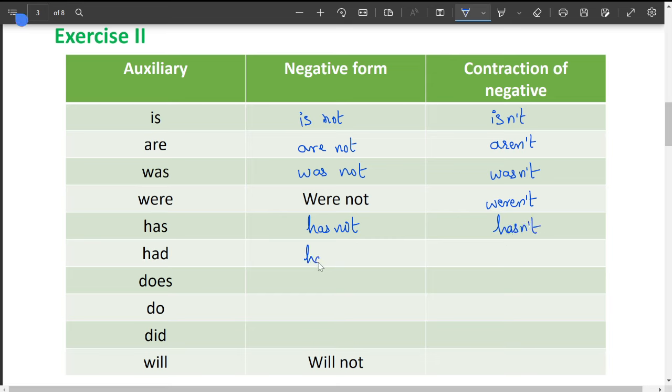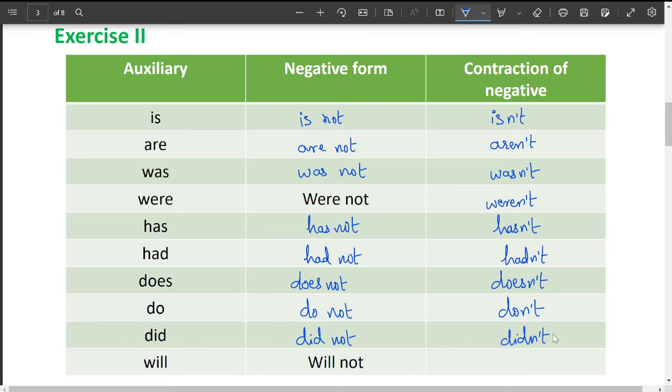Next, had changes to had not, and the short form is hadn't. Next, does changes to does not, and the short form is doesn't. Next, do changes to do not, short form is don't. Next, did changes to did not, short form is didn't.